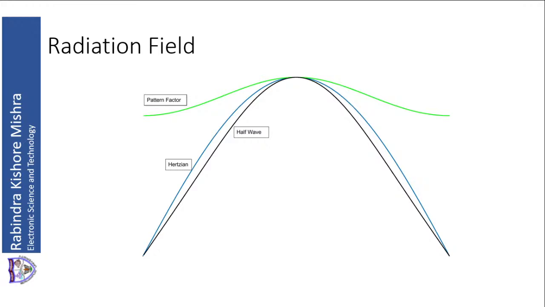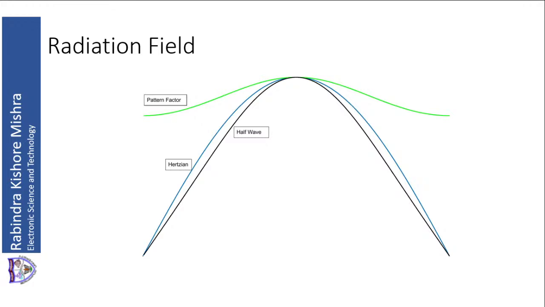Now this distribution f theta is almost like a sine theta variation, which is 0 at theta equal to 0, 0 at theta equal to 180 degrees, but maximum when theta is equal to pi by 2. It is not exactly sine theta, but it is like a sine theta variation.